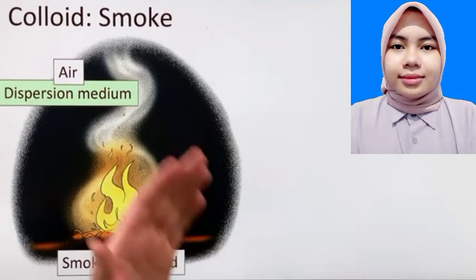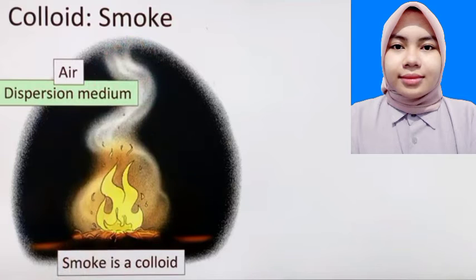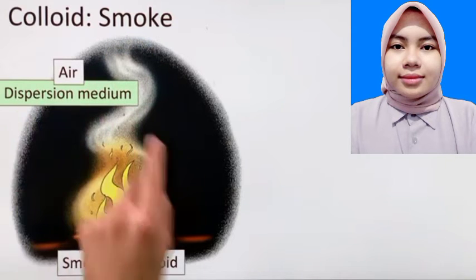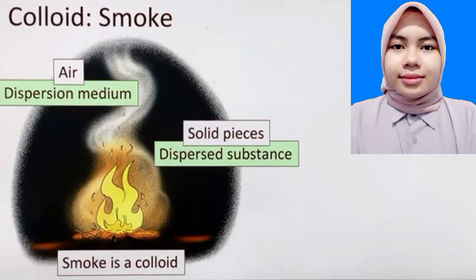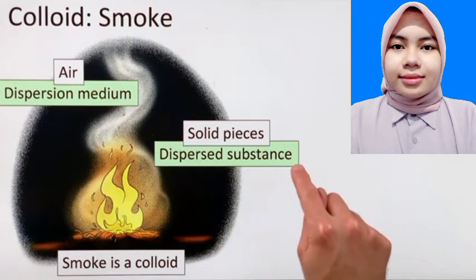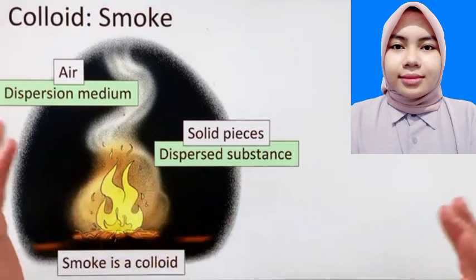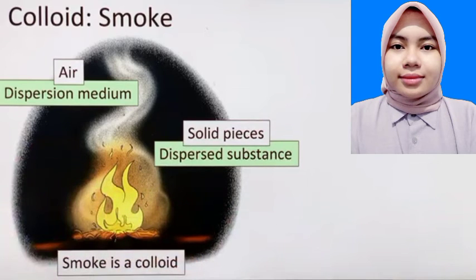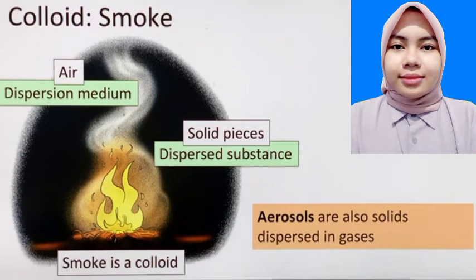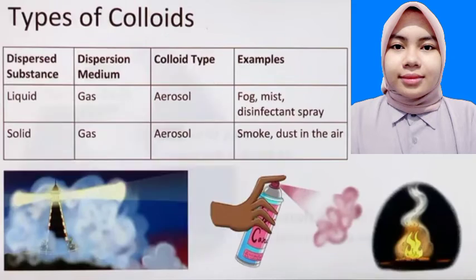Another type of colloid is smoke. Like fog, the dispersion medium is air, but with smoke, the dispersed substance is a solid, tiny pieces of burned wood or rubber or paper. This type of colloid is also called an aerosol: solid dispersed in gas.